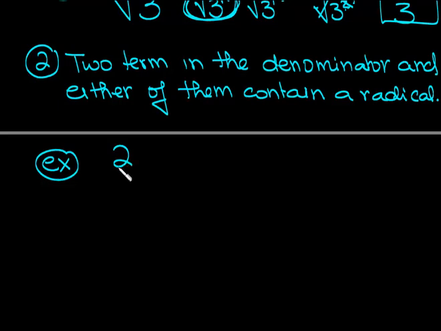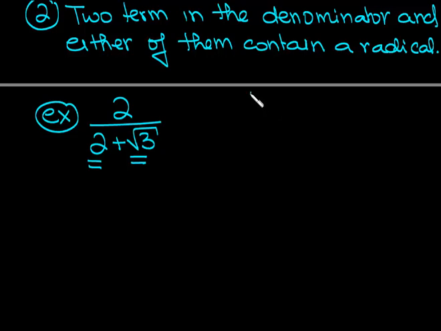I could have 2 over 2 plus square root of 3. I have two terms in the denominator, one of them has a radical. Or I could have, let me do another one right next to it, something like this.